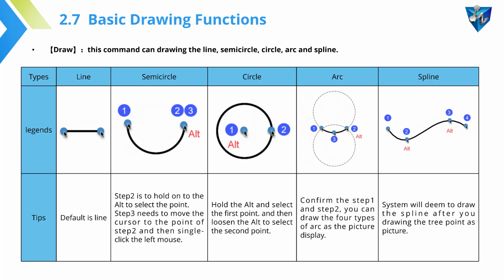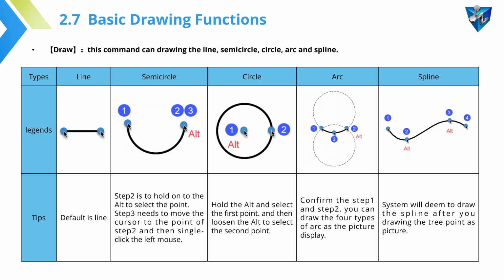And if you want to create a semicircle, right-click the mouse to select the first point, and then press Alt from the keyboard, and right-click to select the second point. And after that, loosen Alt and select the second point again. You will create a semicircle.